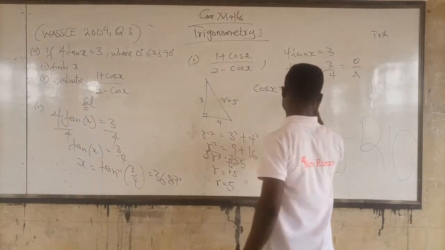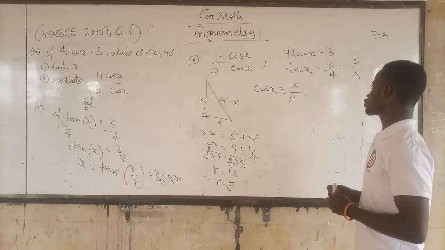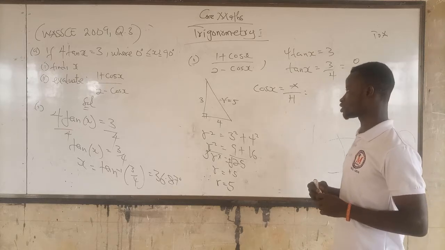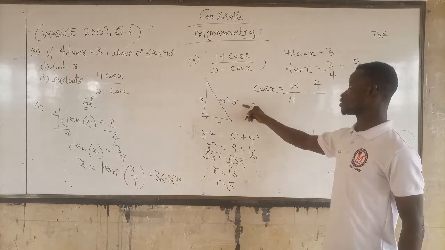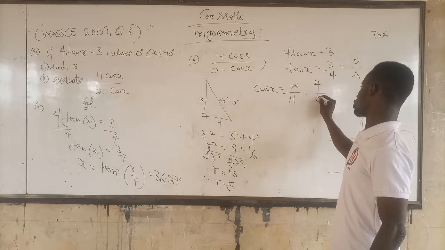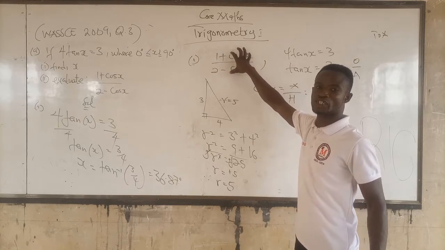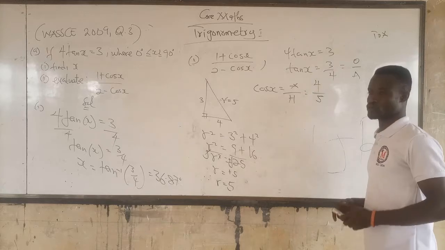Then we can simply know what cos x is representing. Cos x will be representing the adjacent over the hypotenuse. Adjacent is 4 and the hypotenuse is 5. So cos x, which we have to evaluate, is 4 over 5.